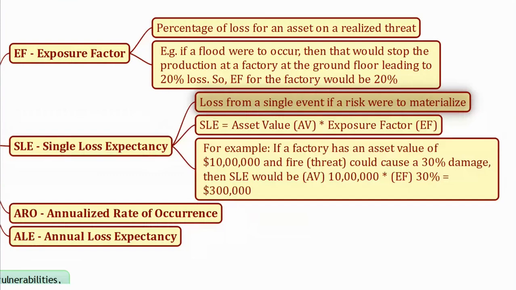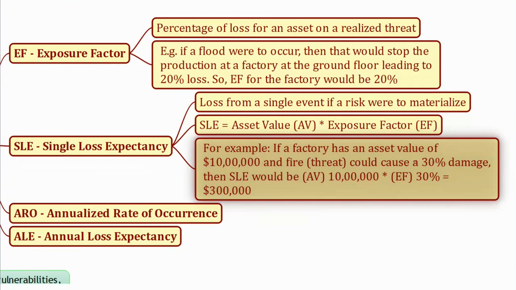Okay, in the previous example we saw the exposure factor; this is a different example now. It says if a factory has an asset value of $1 million. So let's say you have a factory and you figure out that the value of that factory is $1 million, and you see that there is a threat of fire. If fire were to happen, then that could cause 30% damage. So 30% is the exposure factor, right?